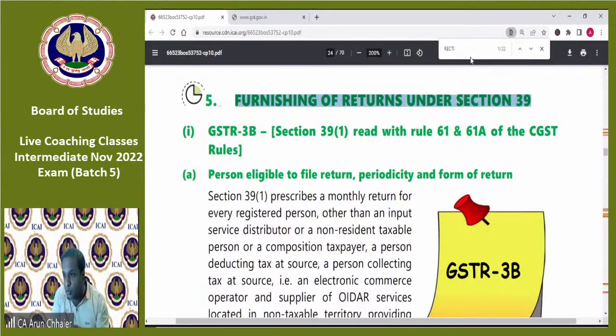But when you talk about 2B, if the supplier filed the GSTR1 by the due date, it will appear in the July 2B, and the recipient would be able to take the ITC in July itself. But if the supplier filed after the due date, the transaction would not appear in July. It will appear in the next month, August. Therefore, the recipient would be able to take the ITC in the next month. Is it okay?